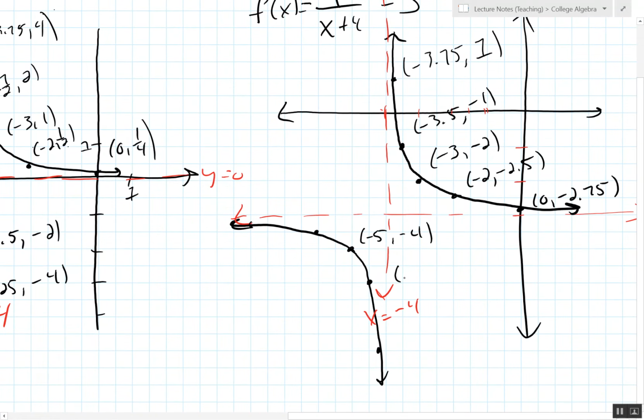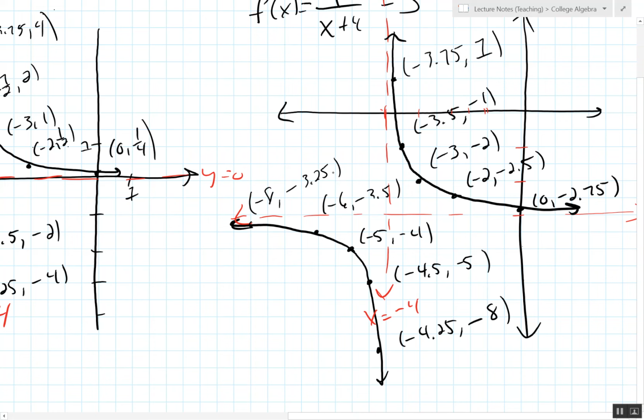So this is -4.5, -5, and this will be -4.25, -8. Then over here we'll have -6, -3.5, and we'll have -8, -3.5, -3.25. So there you have it.